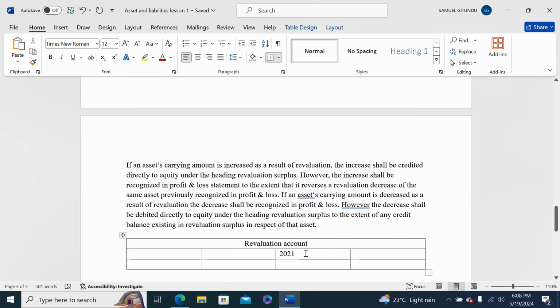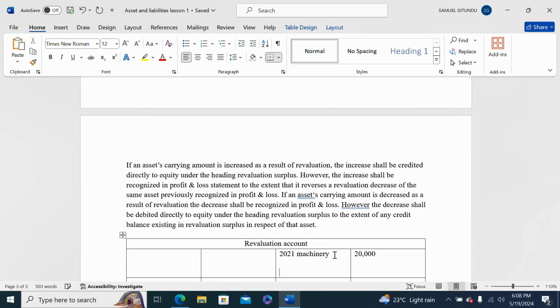If in the next year, 2022, there's another revaluation increase of 20,000, it's also credited in this account. So at the end of 2022, your total revaluation surplus is 40,000.